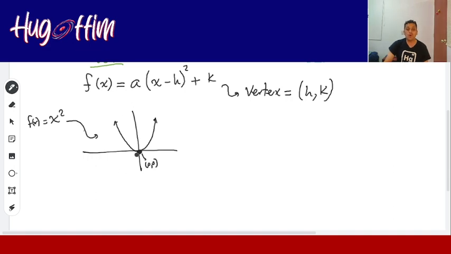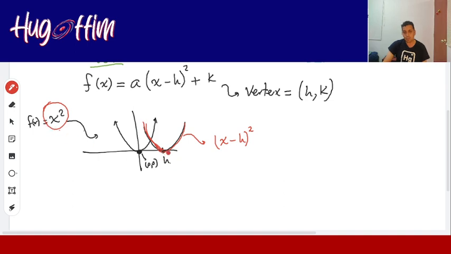But if I move this function some units to the right, let's say h units to the right, the new function, I'm going to put it in red, is going to be a translation in x of this original function. So this is why it's going to be x minus h, because it's a translation in x.